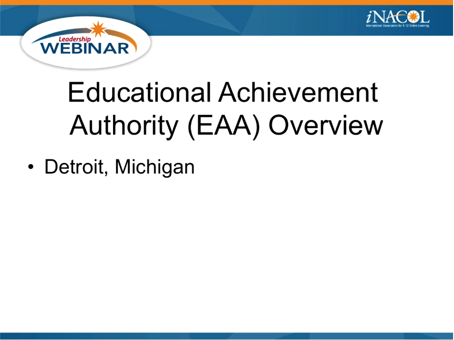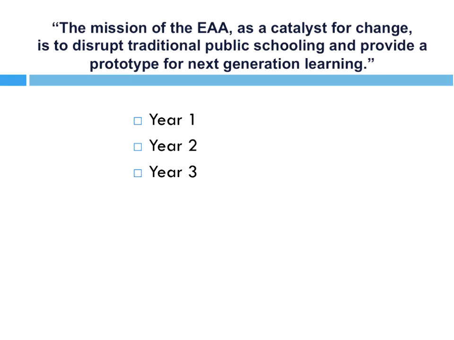So what I want to do is just give you an overview of our implementation model. We actually implement a blended model across all of our schools. I'm going to talk a little bit about what that looked like last year in year 1, what it looks like moving forward as we've entered midway through year 2, and what we're looking for in terms of implementation and evaluation in our 3rd year.